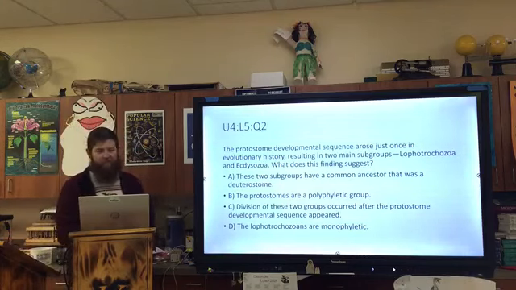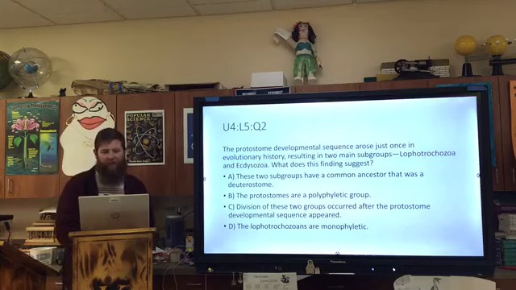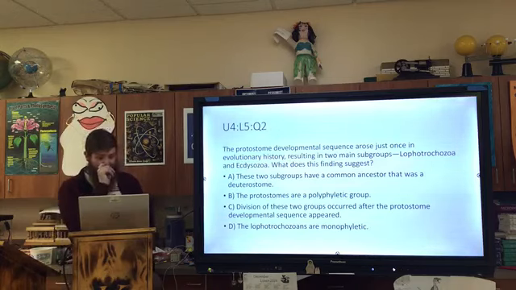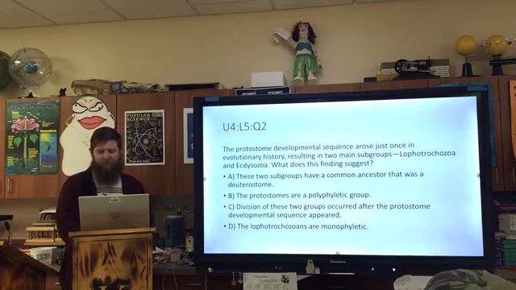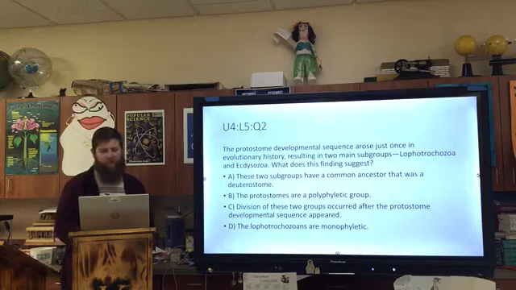Okay, the protostome developmental sequence arose just once in evolutionary history, resulting in two main subgroups, Lophotrochozoa and Ecdysozoa. What does this finding suggest? Oh, we didn't do the first one. This is Q1 then.